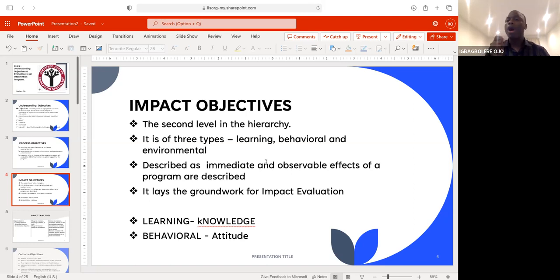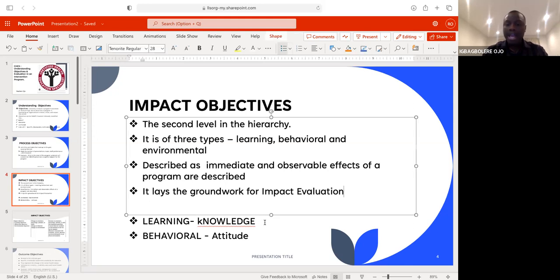A learning objective is a written objective that seeks to understand the knowledge attainment, the skill acquisition of the participants of a program.